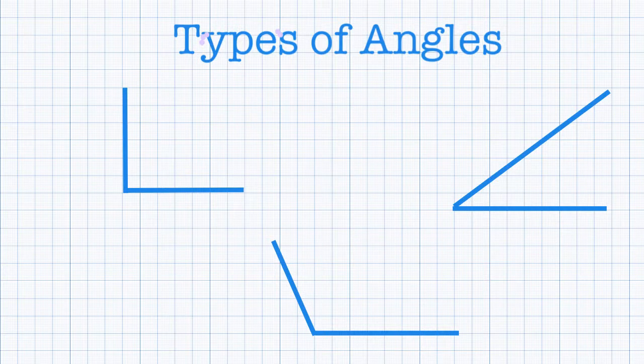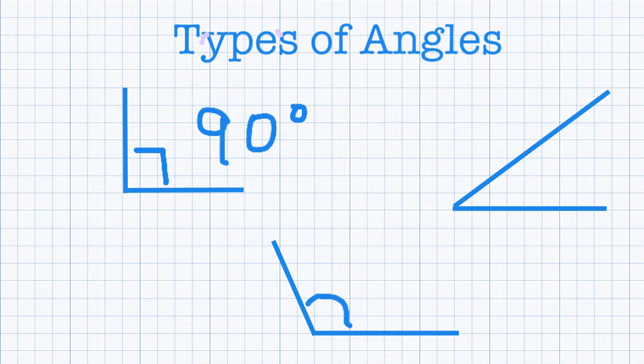So the first angle on the left-hand side is a right angle. So this right angle, which I will show here, is a 90-degree angle. This is called a right angle, and it will always be 90 degrees. The next one is an obtuse angle.